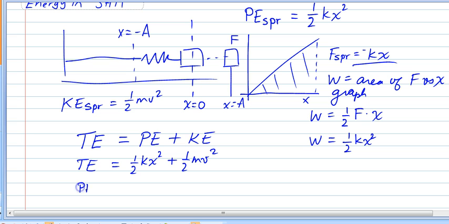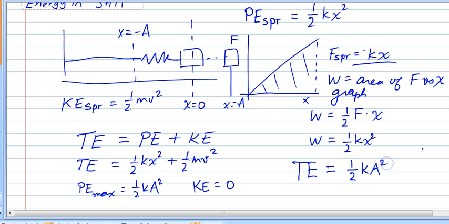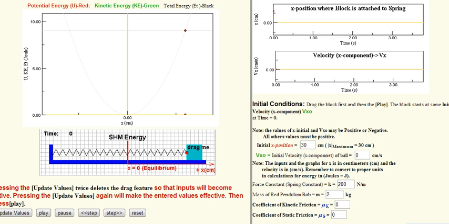So the potential energy max that we could get is 1/2 kA squared, because that's the furthest that you can stretch or compress the spring. And because energy is conserved, if we stretch the spring out and then let go, we're talking about starting with a kinetic energy of 0. So we could argue that the total energy of simple harmonic motion for a mass on a spring is 1/2 kA squared. And I have a neat little applet that kind of shows this.